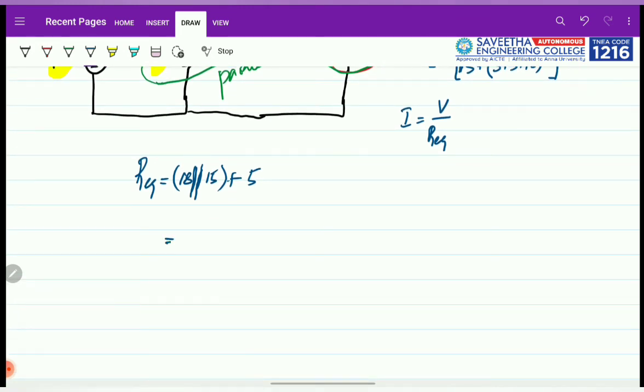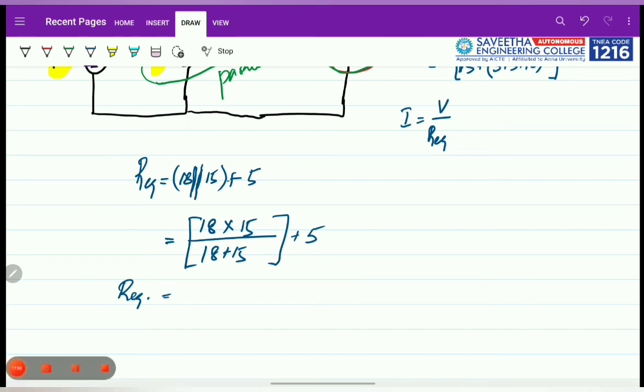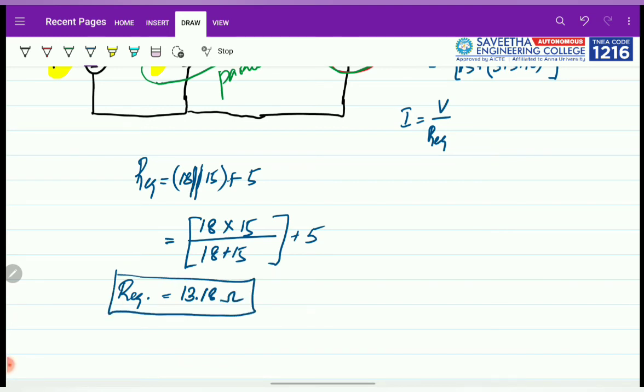So the actual formula is 18 into 15 divided by 18 plus 15, plus 5, right? Let's see what we get here. We get it as 13.18 ohms.